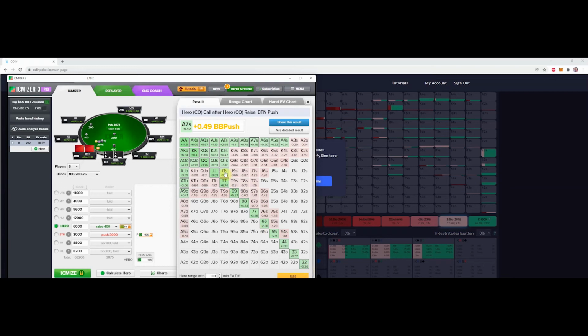So essentially, what I want to tell you guys is that these really thin spots, even though ICMizer tells you it's a profitable call, I think you can really just pass up these spots, especially the bigger your edges are in any tournament. The less you want to be taking thin spots.